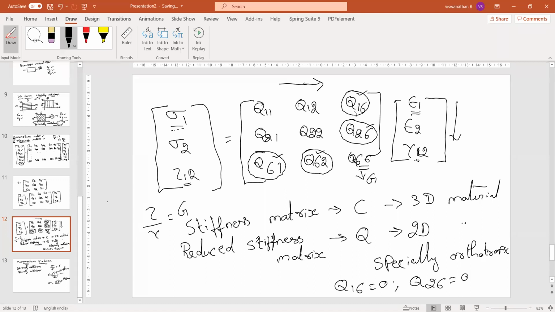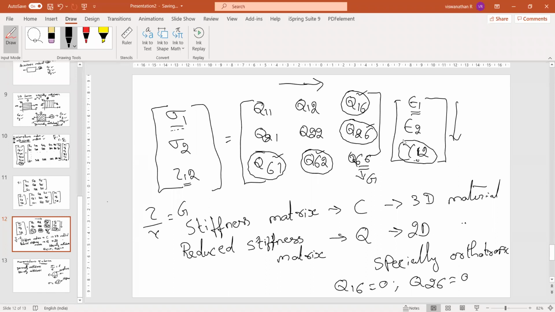Why is this 0? If this Q16 was non-zero, what would have happened? It would be generally orthotropic. This term will be there then. For extensional stress, you would get shear strain if this term is non-zero.